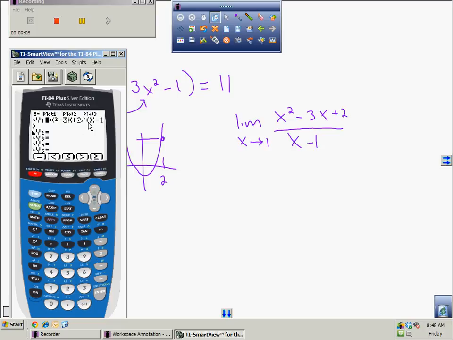I think I have to put this top in parentheses. So second, insert parentheses, and I'm going to go over here and put a parenthesis over here. Let's see what happens now. Second table. Oh, this is looking better.